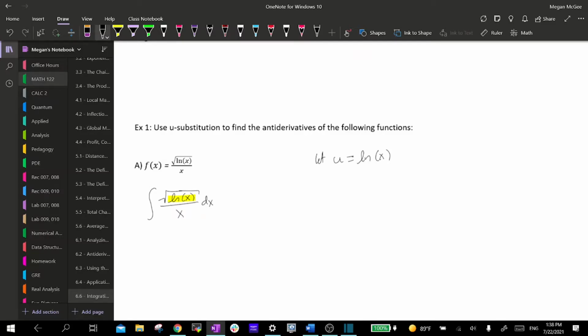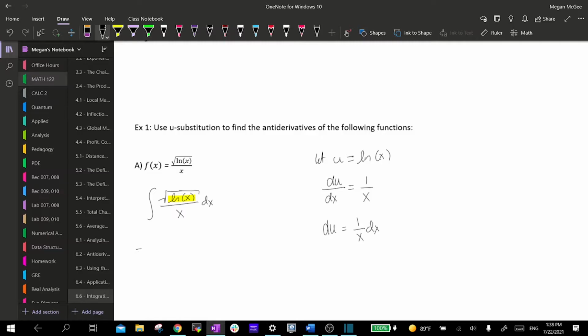But we need to take the derivative so that we have that also. So we have the derivative of u with respect to x. The derivative of the natural log of x is 1 over x. Then we move the dx over, and we get du equals 1 over x dx.